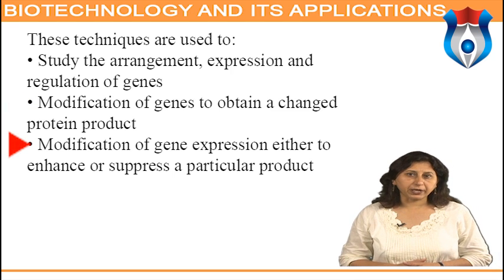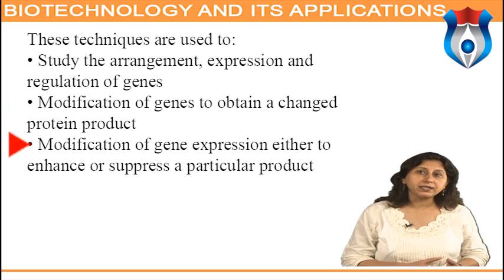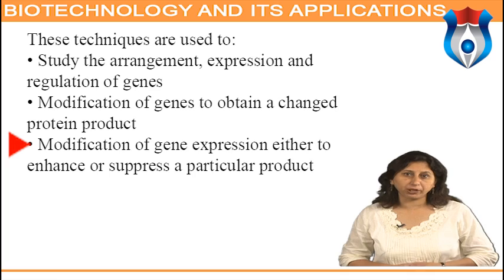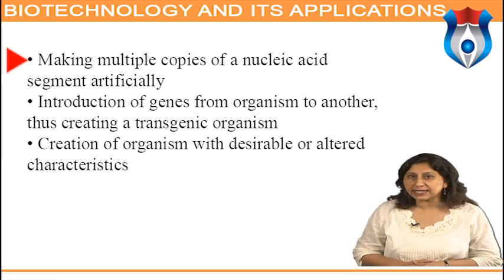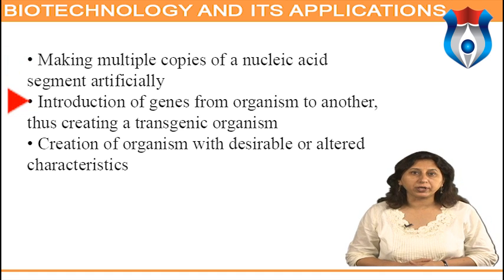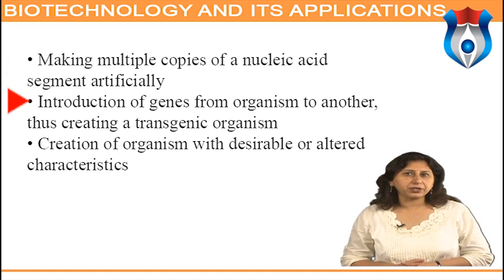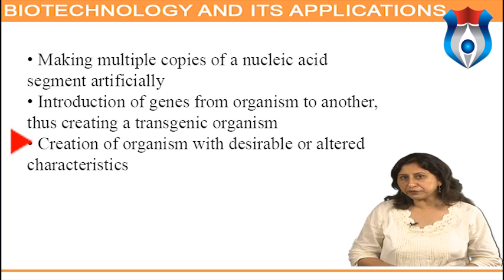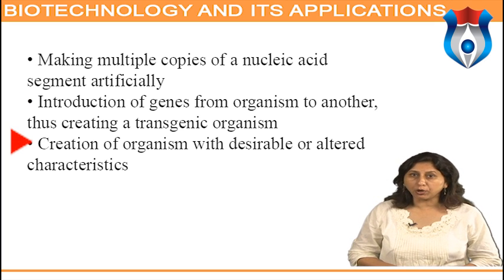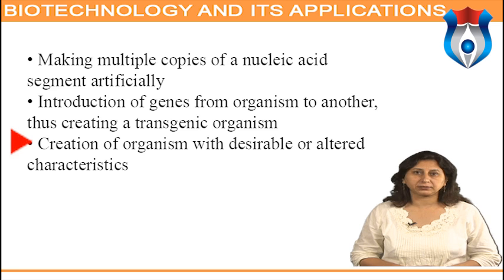Modification of gene expression either to enhance or suppress a particular product. Making multiple copies of a nucleic acid segment artificially. Introduction of genes from one organism to another, thus creating a transgenic organism. Creation of organisms with desirable or altered characteristics.